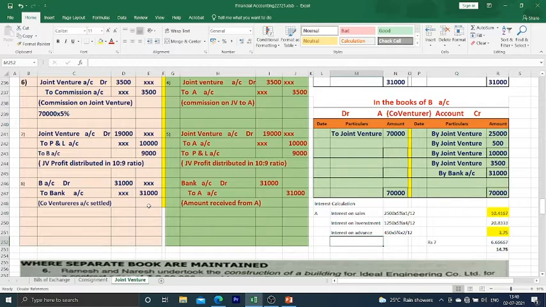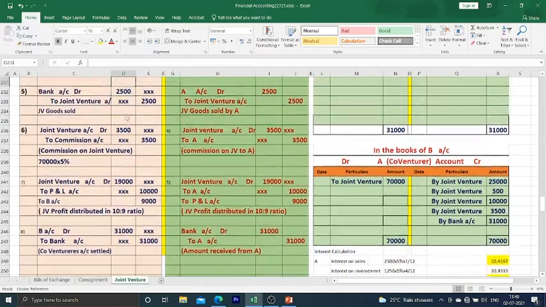He has to take this amount from joint venture, record that interest.